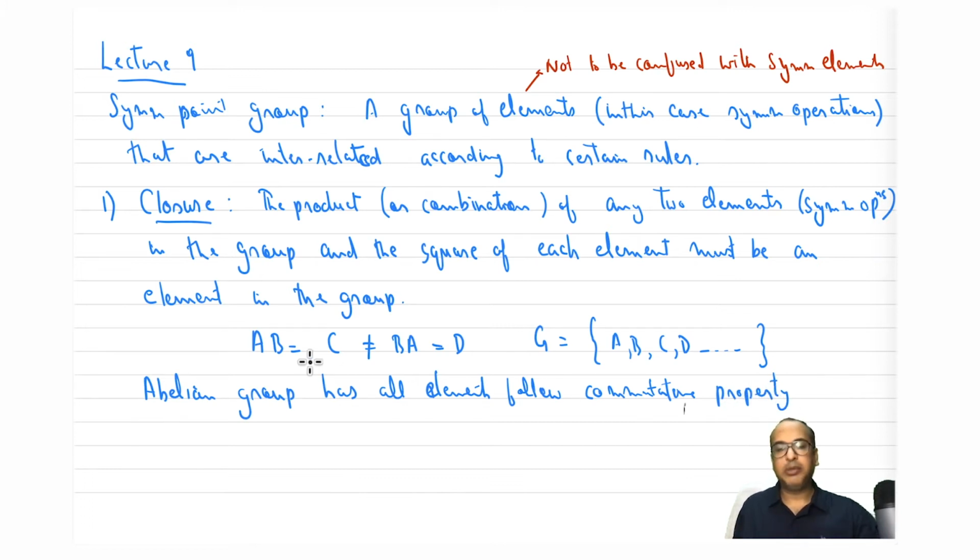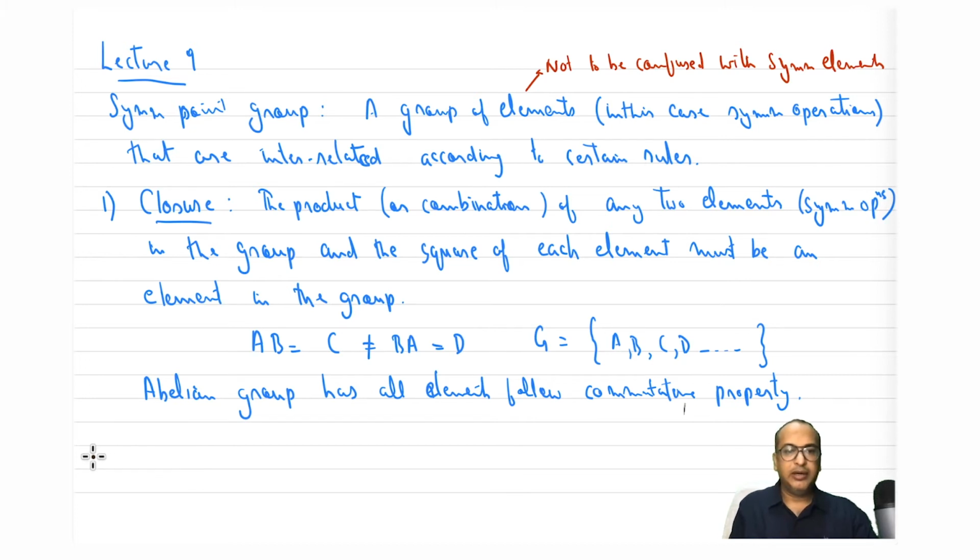So in that case, AB is equal to C, and that is equal to BA, for all the elements of the group. That group is called an abelian group, which we will see later. So now you can take any molecule, list down all the symmetry operations, and test for the closure property. You should be able to do that now, right?